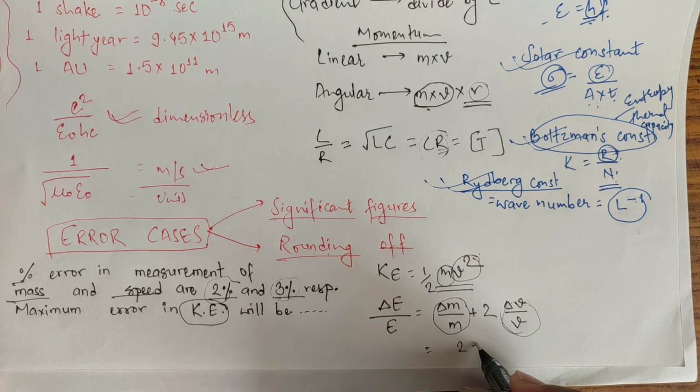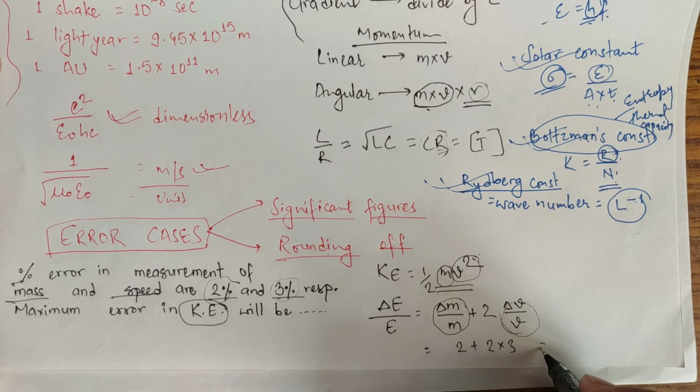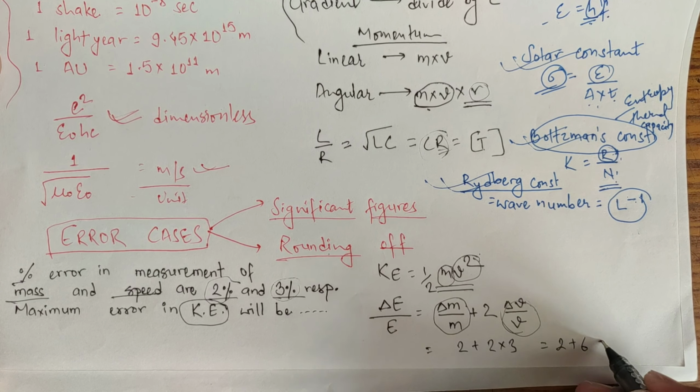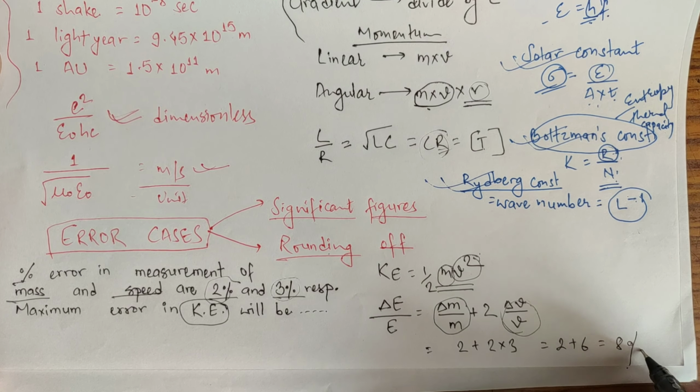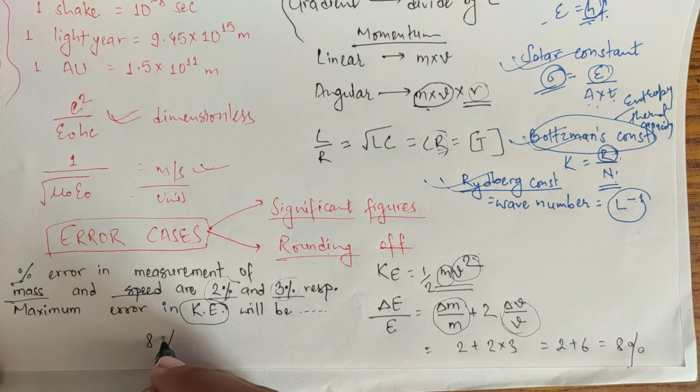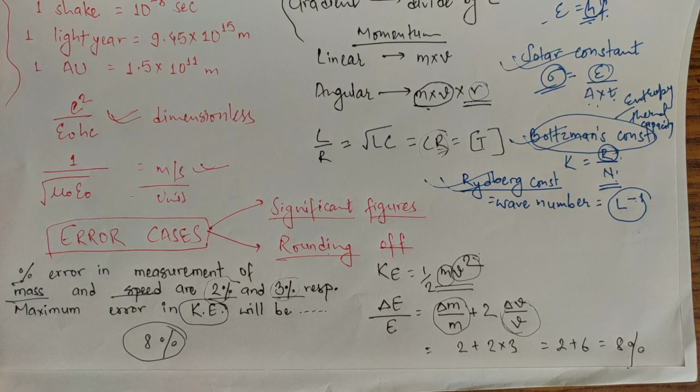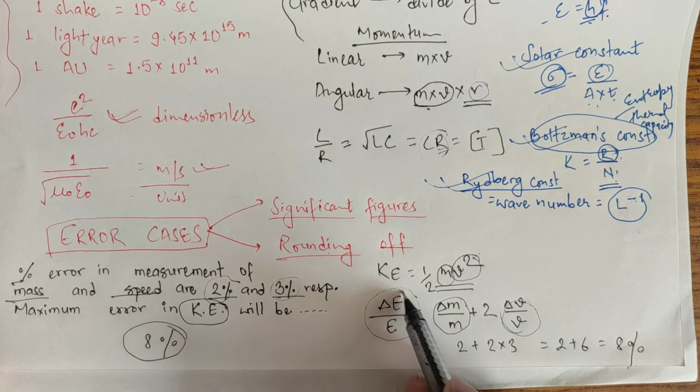So it will be 2 plus 2 into 3. It will be 2 plus 6, it will be 8%. So this will be 8% maximum error. Did you get it? This is the percentage case.